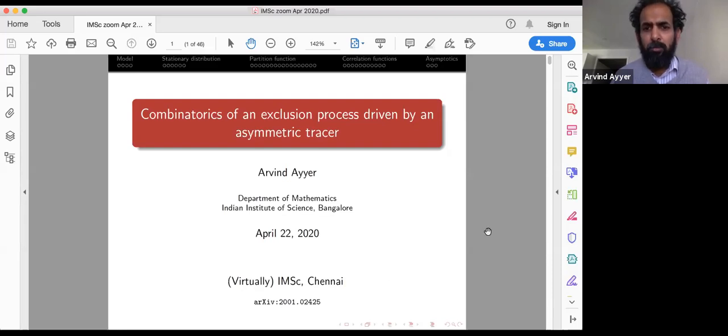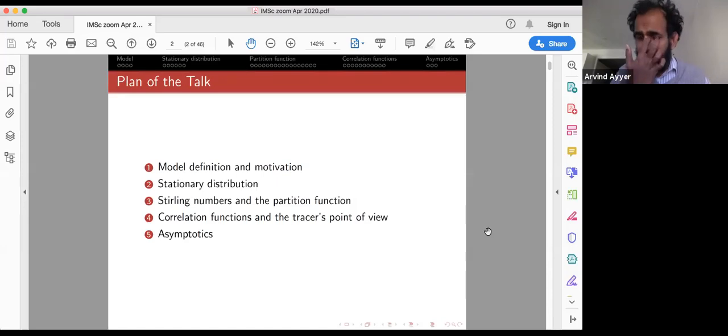Okay, so here is the plan. I'll first introduce the model and then give you some motivation and history. Then I'll give the combinatorial formula for the stationary distribution, and then talk about the partition function and its relation to the combinatorics of the Stirling numbers.